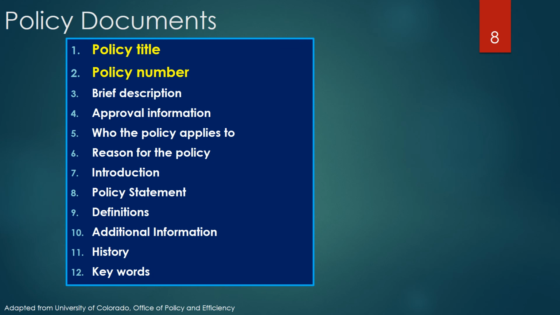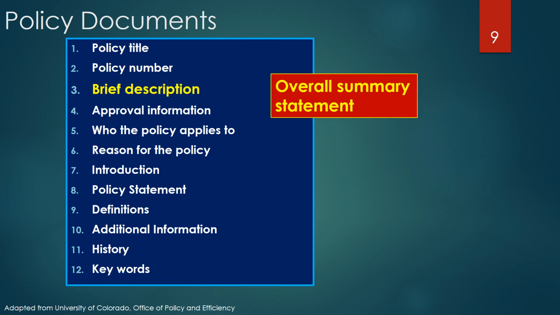The first two sections include the policy title and a policy number, if applicable. The brief description should be an overall summary statement of the policy and not include specific details.